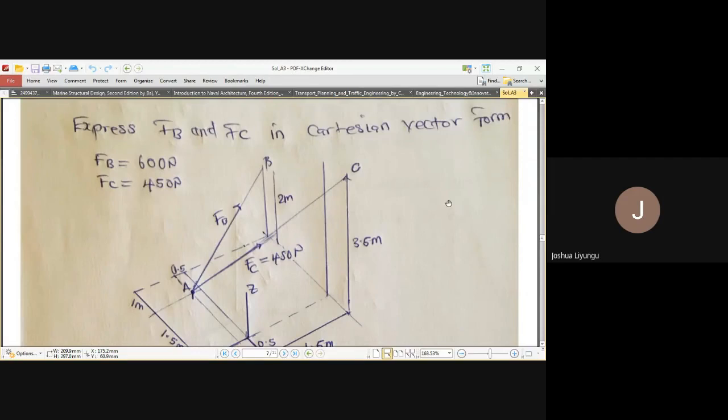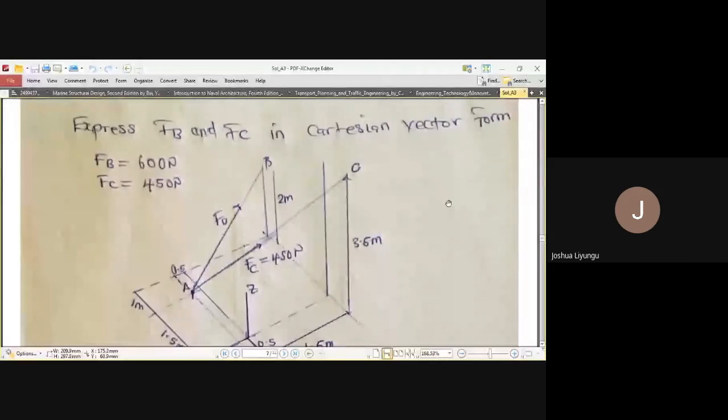So you find the magnitude by squaring all the components and adding them. Then you find the square root.